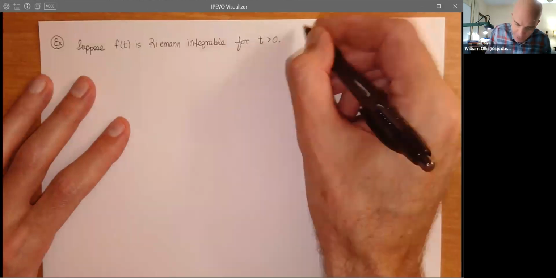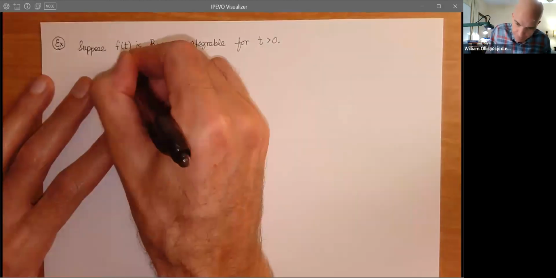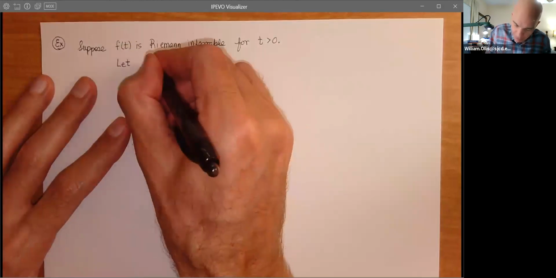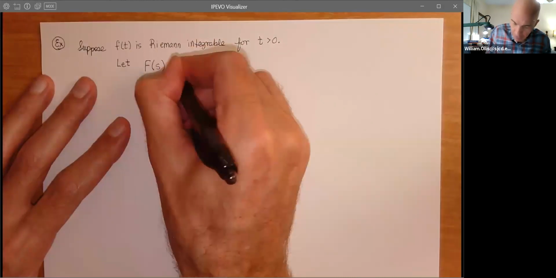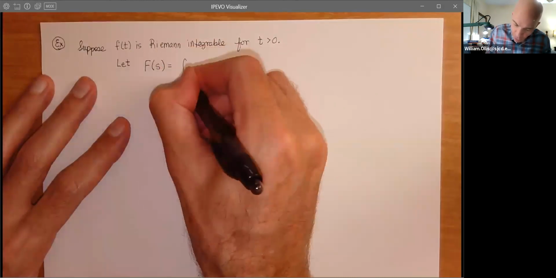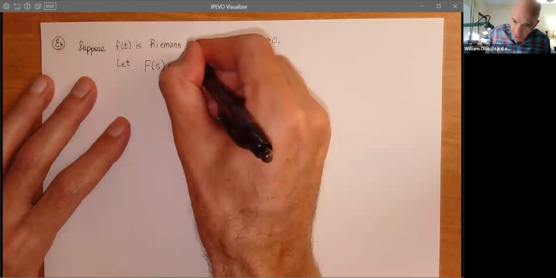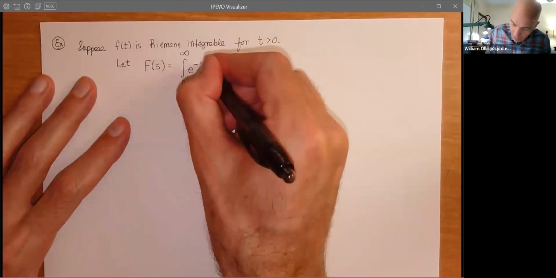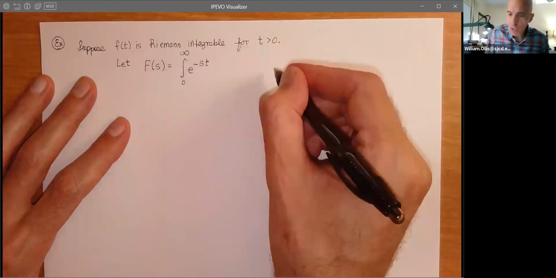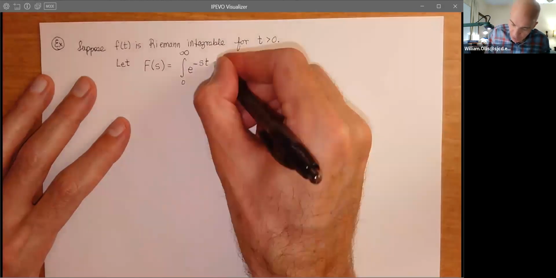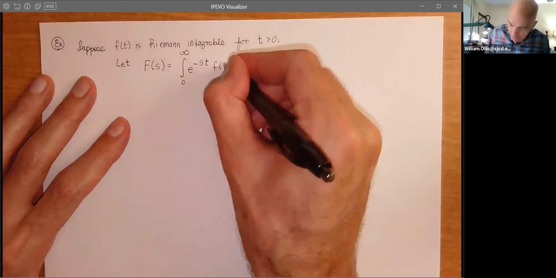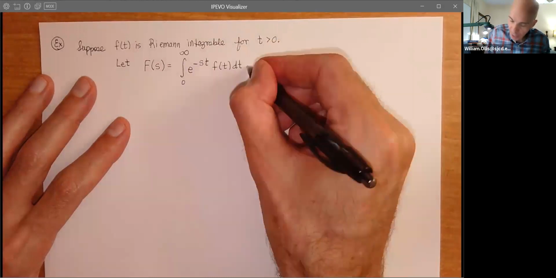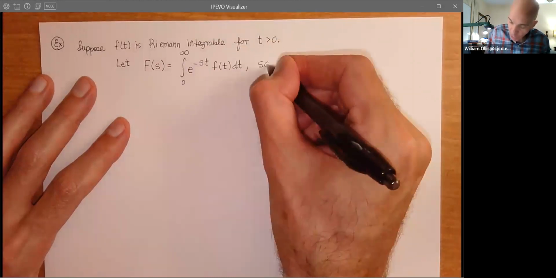And what we're going to do is let, in this case, F of s be the improper integral 0 to infinity of e to the negative st. So s is going to be a parameter. So this will be a function of s, f of t dt. And of course, for s an element of R, a parameter.